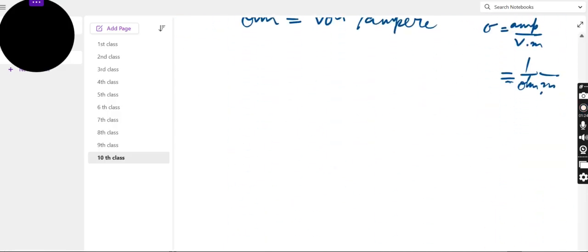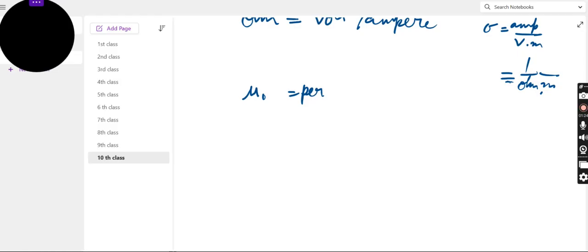And one thing I missed, that is mu naught, which is called permeability. Epsilon naught is permittivity.